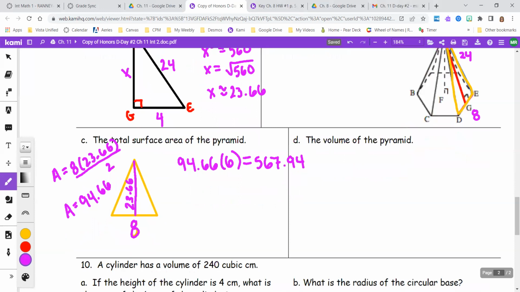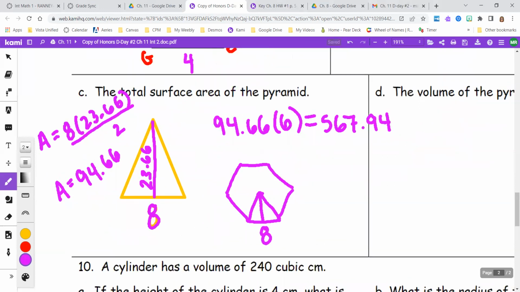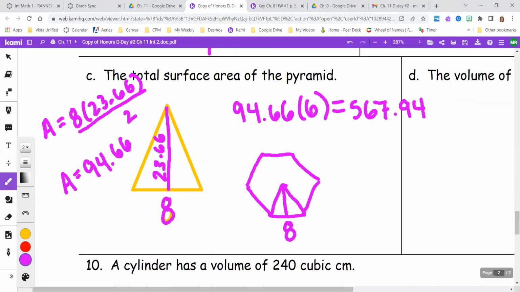Now I also have to find the area of the base. Okay, so the base is a hexagon. So when I'm trying to find the area of the hexagon, I need to find one of those triangles. I know that this is 8. A hexagon has equilateral triangles.